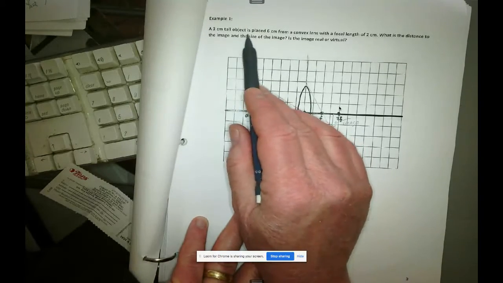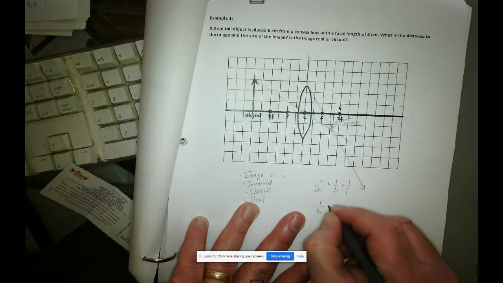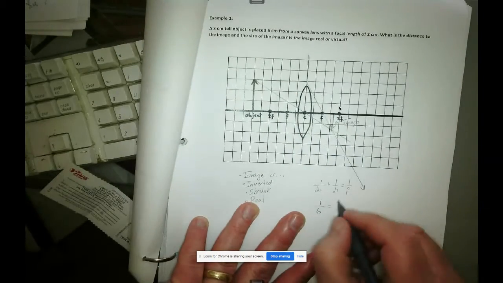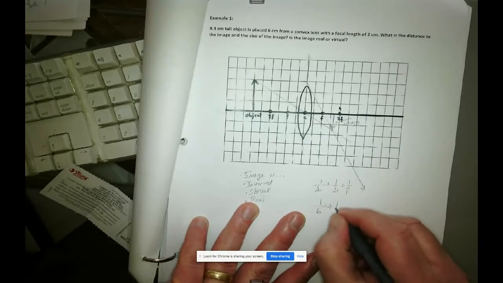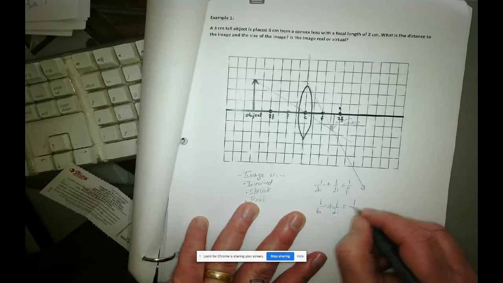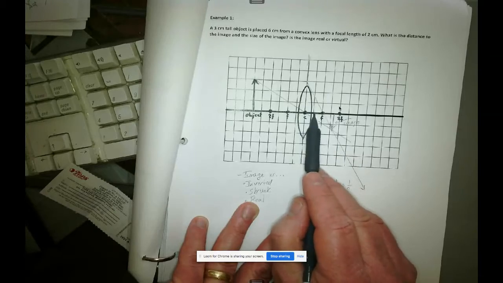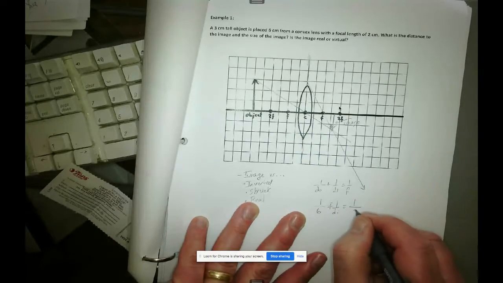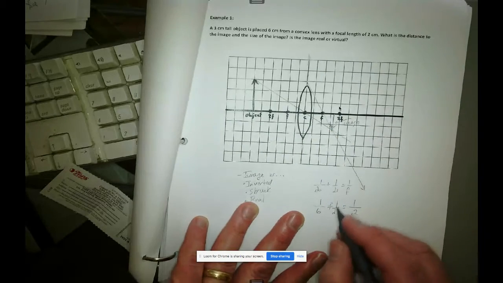It actually says that here too. It's 6 centimeters away. So 1 over 6 plus 1 over di, which we don't know, is going to be 1 over the focal length, and the focal length for this is from the center, 1, 2. And again, that was given up here in the problem.